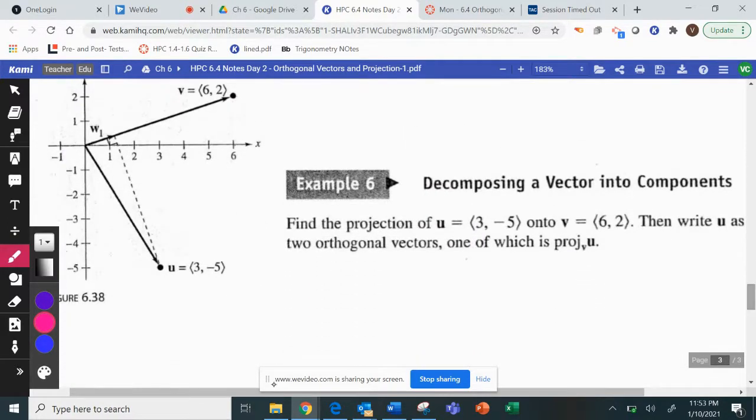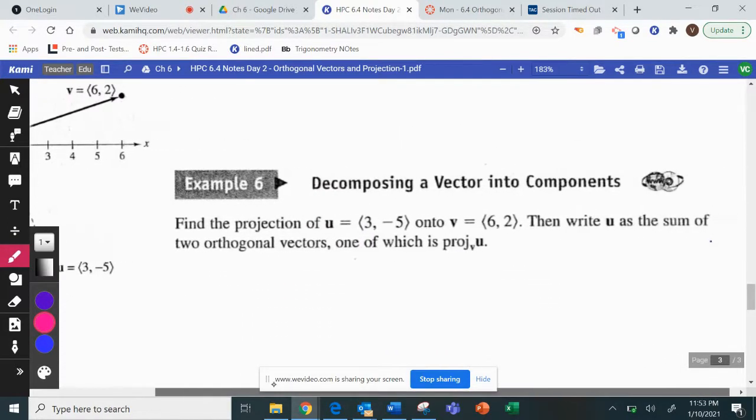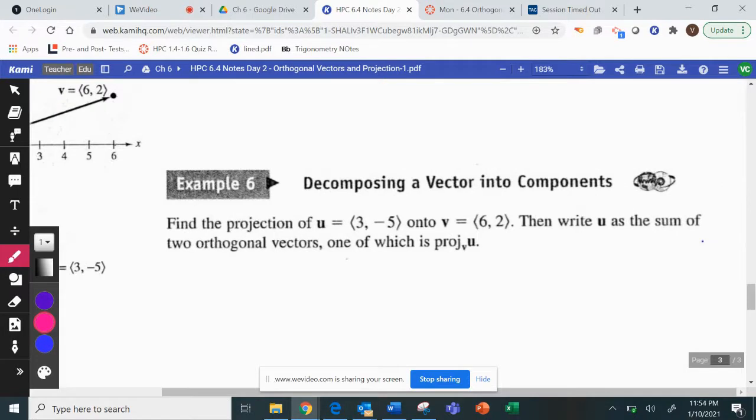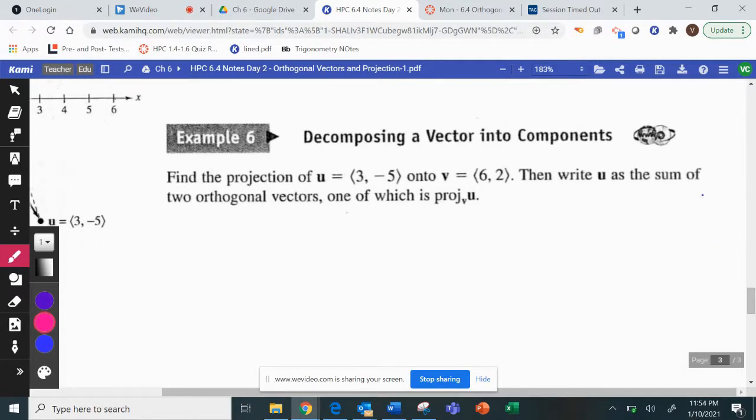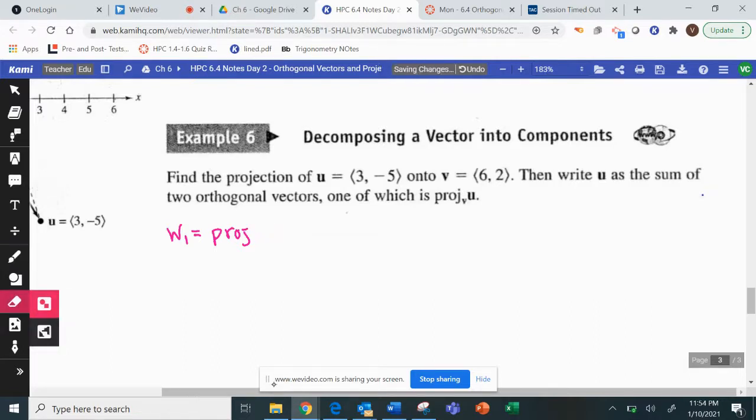So here's an example. I'm going to decompose a vector into components. We're going to start with W1. W1 is equal to the projection of u onto v, using the symbols from the previous page.